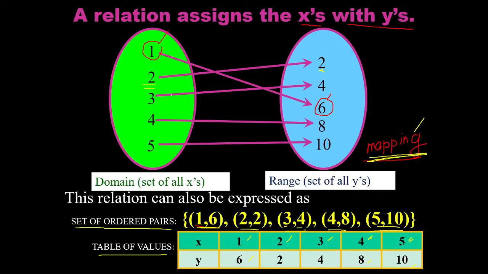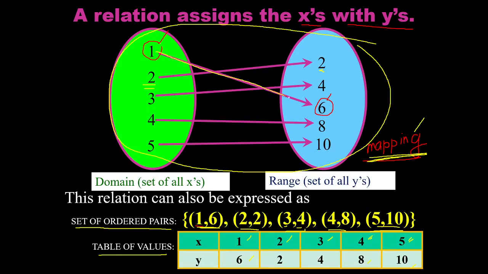The second one is from our mapping part, we will be writing corresponding numbers. So we have 1 corresponds to 6. 1 is paired with 6. So we have here (1, 6). That's our given.